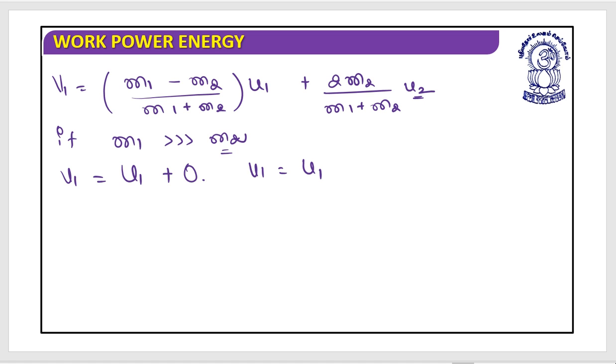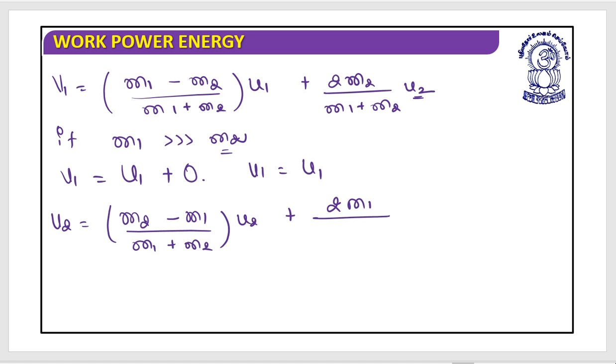And v2 would be (m2 minus m1) divided by (m1 plus m2) into u2, plus 2m1 upon (m1 plus m2) into u1.